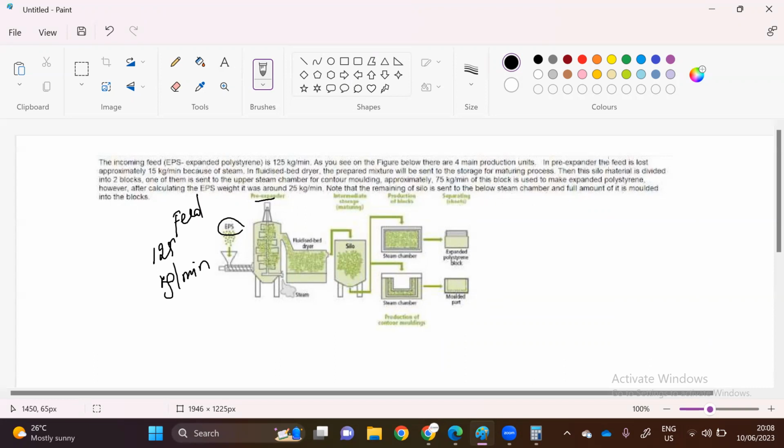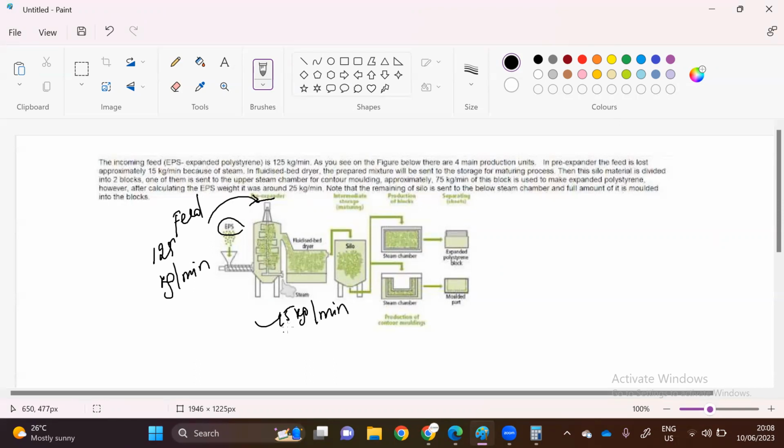Okay, in pre-expander, the first unit, the feed is lost approximately 15 kilogram per minute. It says that 125 kilogram per minute feed is incoming to the pre-expander and 15 kilogram per minute is lost because of steam. So we are not interested in how the process is going on in the pre-expander, how the feed material is lost, but we consider only the amount of EPS going out from the pre-expander.